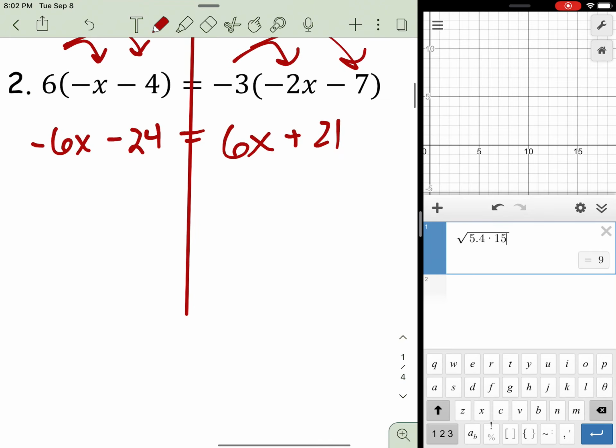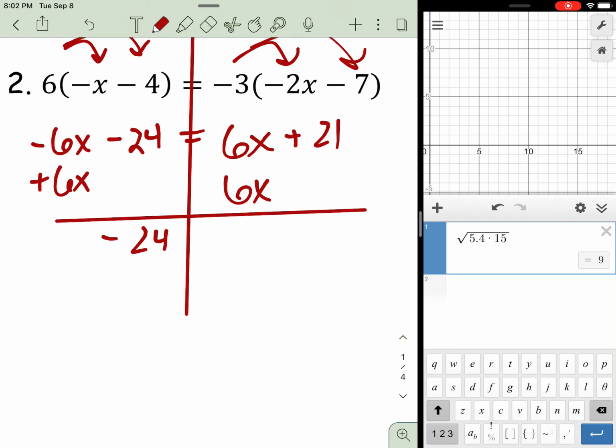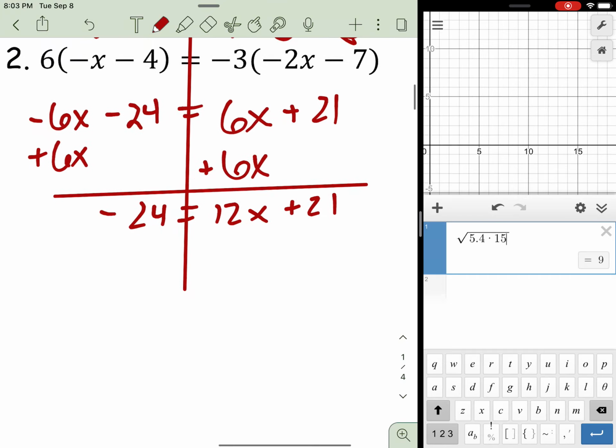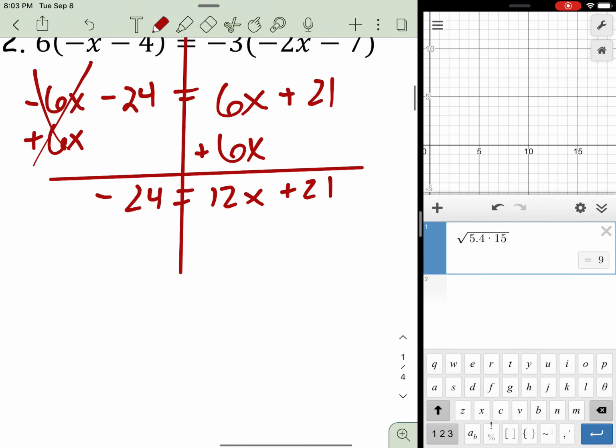Okay, we're going to keep going here. All right, so let's go ahead and add 6x to both sides. Okay, plus 21 down there. All right, so these x's cancel.